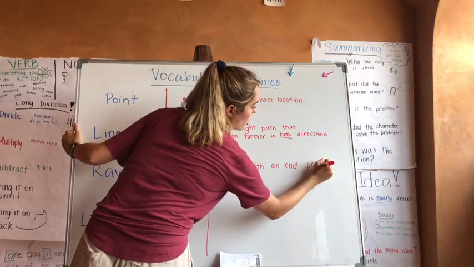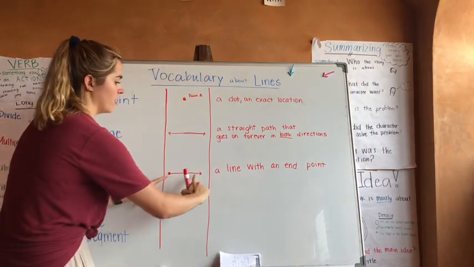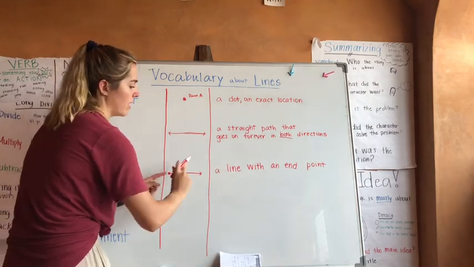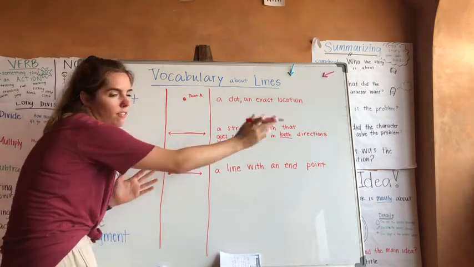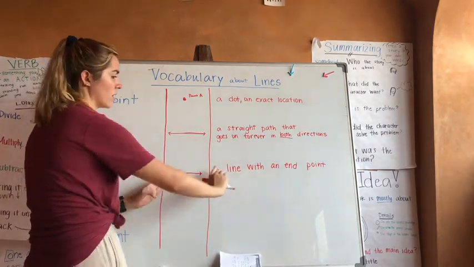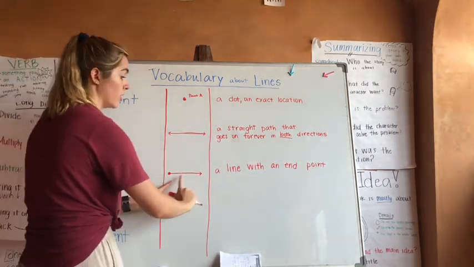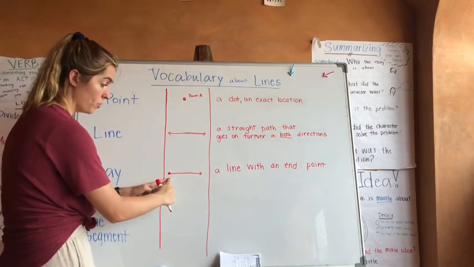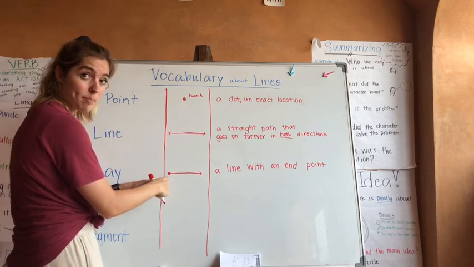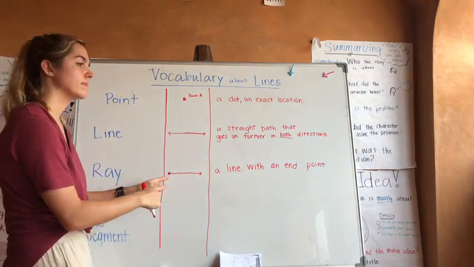So it only goes on forever and ever and ever. If I kept drawing this line, it would go all the way out through the window if I kept drawing it. So a line goes on forever, but a ray goes on forever in only one direction. Does it continue going this way? No, because there's a point and it stops. Does that make sense? Hopefully it does.